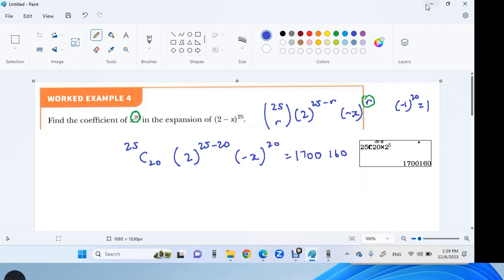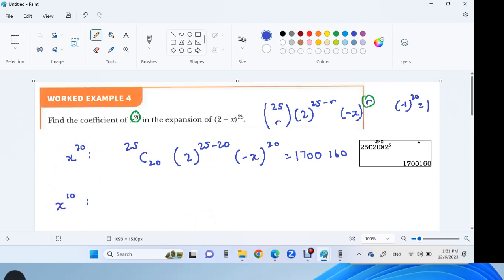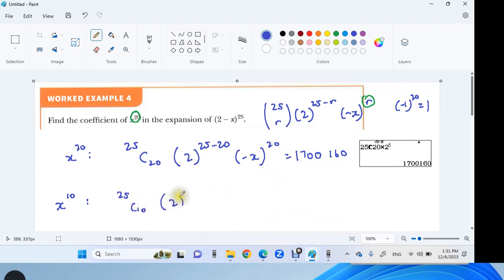Using this same example, in case they want x power 20, in case the question is x power 10 only, then what will be the answer? So for this one, it will be 25C10 and 2 to the power of 25 minus 10, negative x to the power of 10.